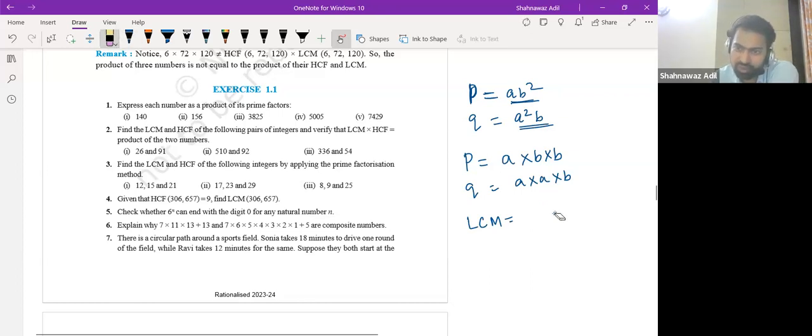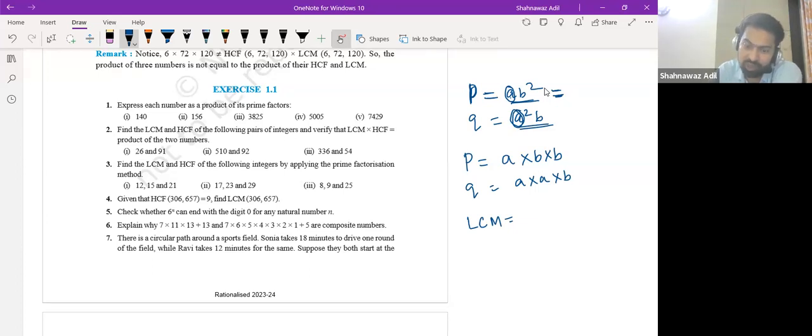So you can find the LCM by two methods, right? Let me talk about the first method. These are the common terms, right? In LCM, do we take the highest power or the lowest power?